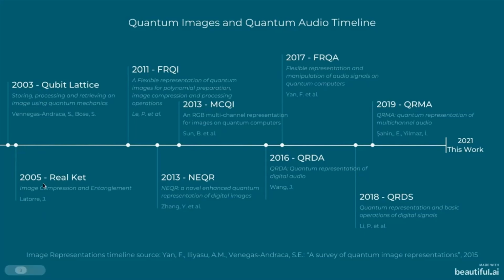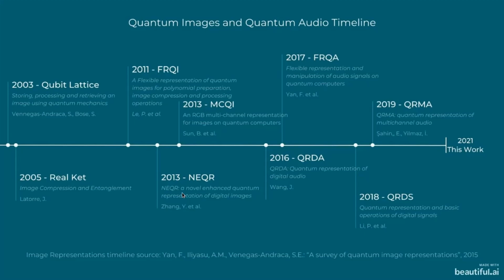Then we have this very interesting paper called Image Compression and Entanglement, which proposes a representation called RealCat, which is simply putting everything in a superposition. Then a few years later, we have the flexible representation of quantum images proposed by Le, in 2011. And this was really a breakthrough on quantum images. It optimized many things and made some fine control possible.